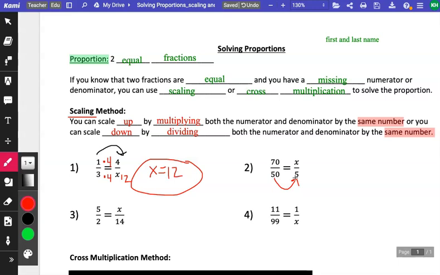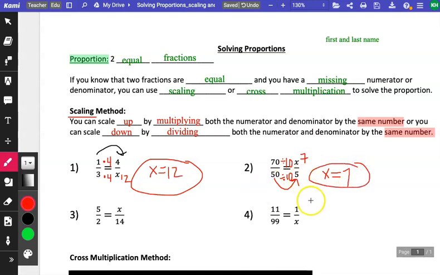So if you decrease, we're going to be dividing. 50 divided by what number gives you 5? Well, 50 divided by 10 gives you 5. You have to divide the 70 by that same number to keep this fraction equivalent to this fraction. So 70 divided by 10 is 7. So we get x equals 7.